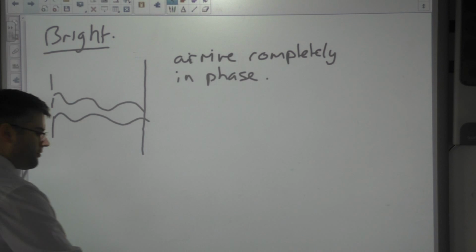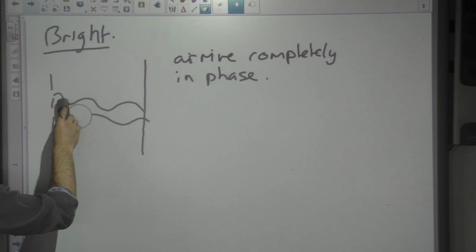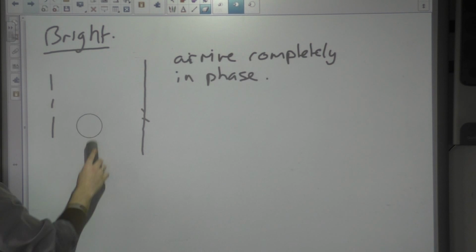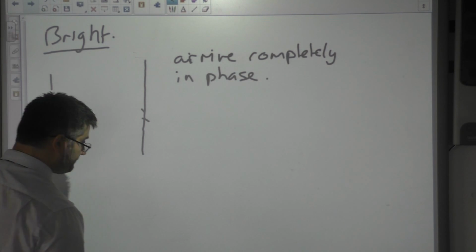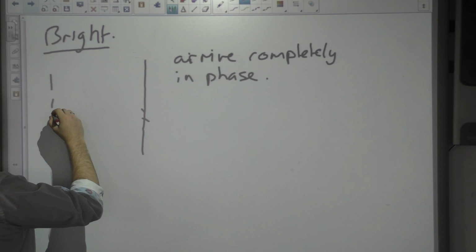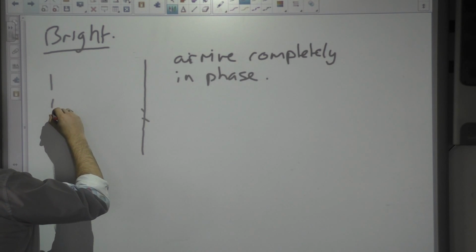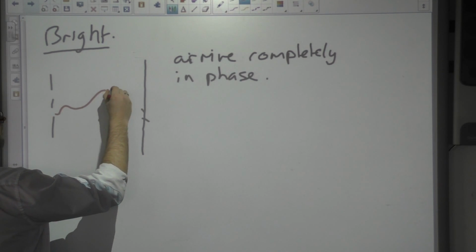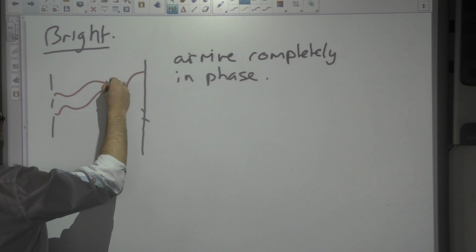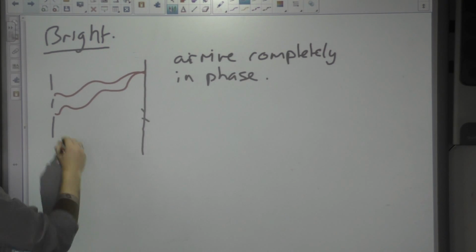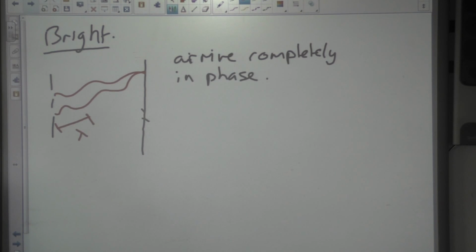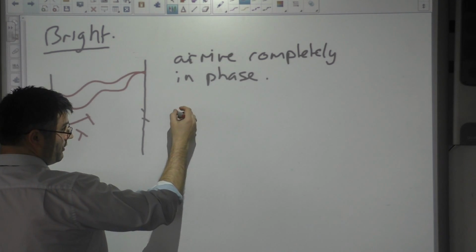You also get bright spots in a situation where we have a path difference which is equal to n lambda, i.e. one of the waves has travelled an extra distance of lambda, or a factor of lambda.